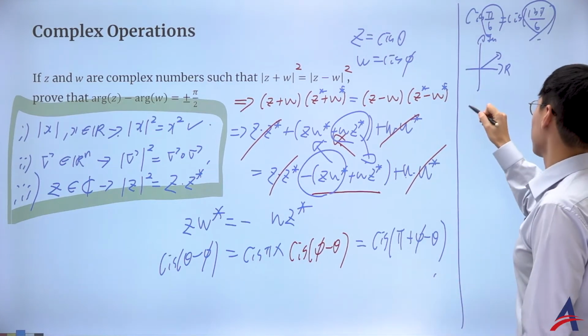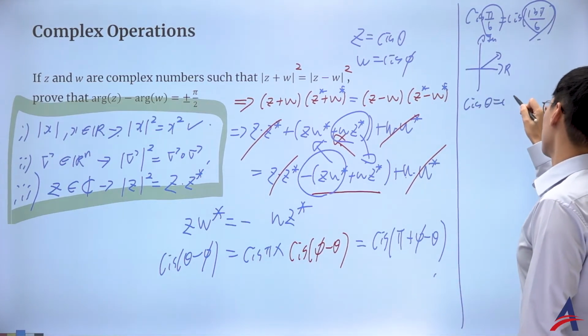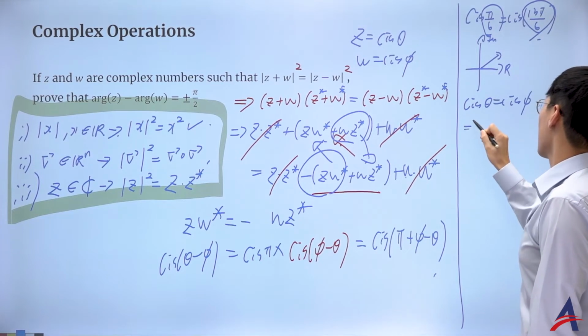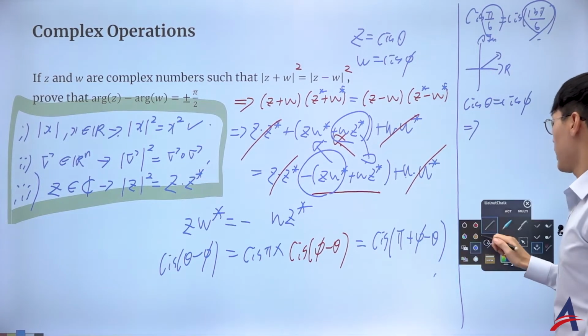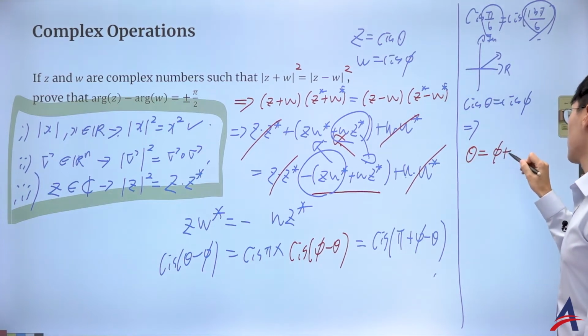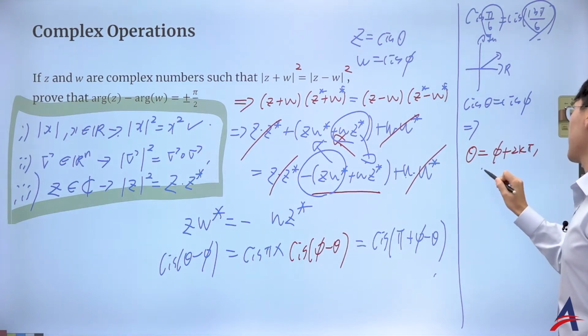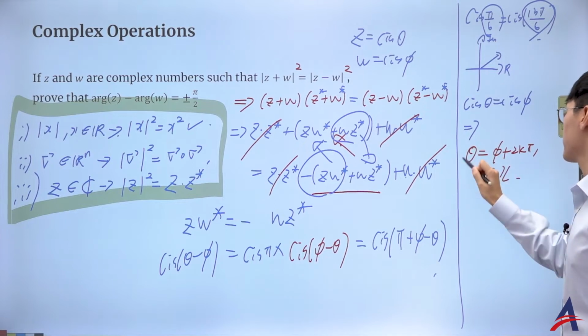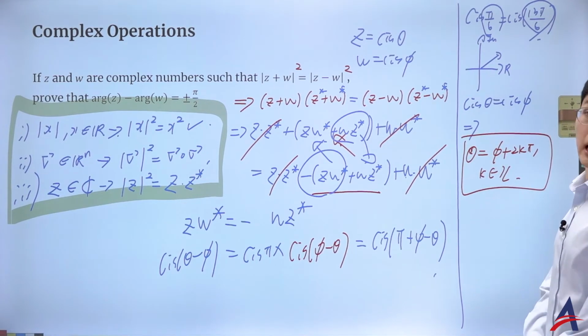So remember, if you have a complex equality in modulus argument form, theta is equal to phi plus 2k pi, where k is an integer. That's how we distinguish between the arguments.